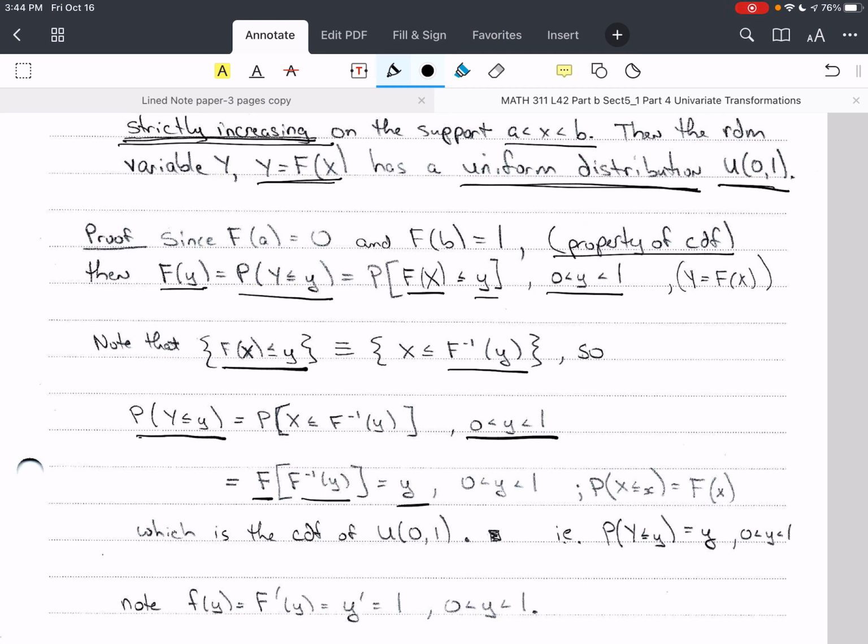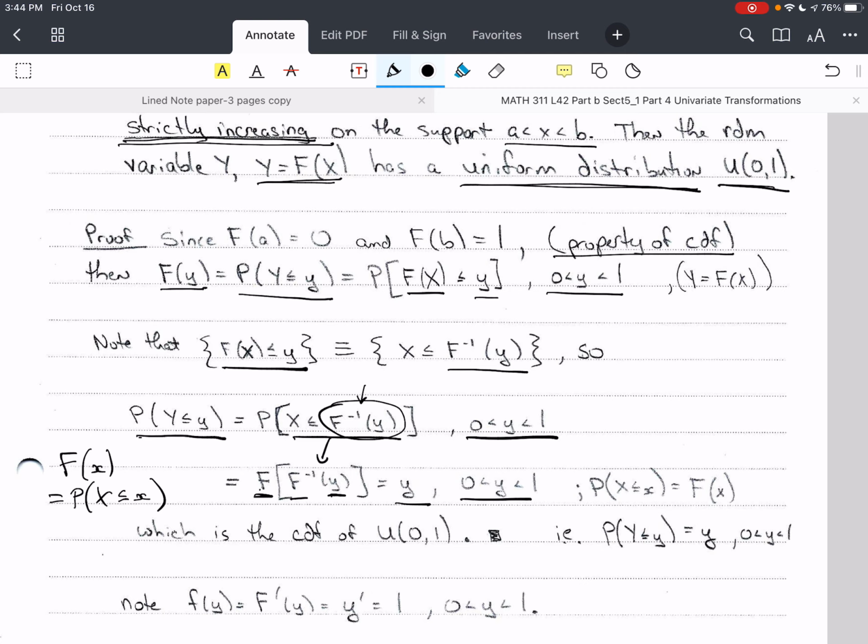This is the CDF of this quantity. Remember that F of little x is equal to the probability that X is less than or equal to little x. So this is in fact F of this quantity, whatever we're less than or equal to. When I take F of the F inverse, I end up with y here.